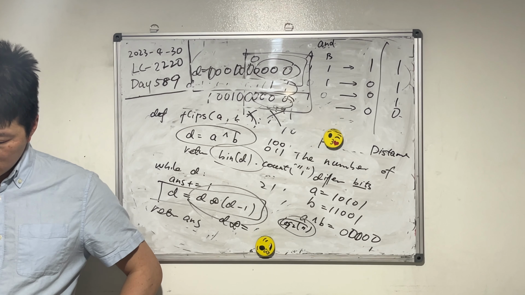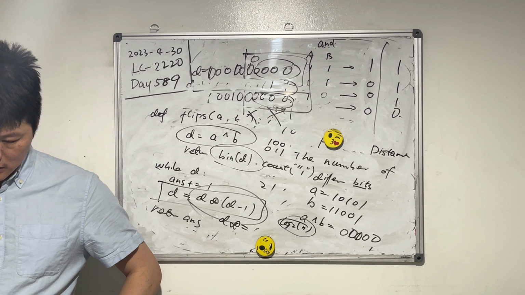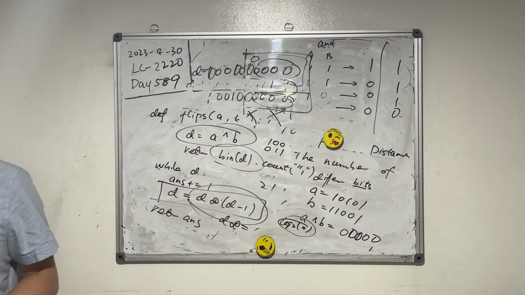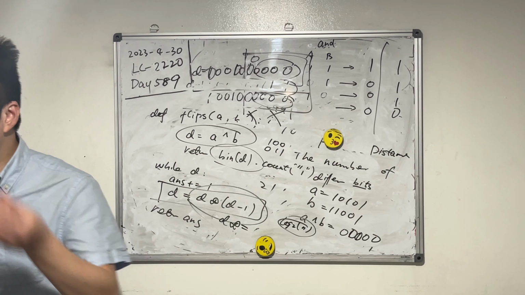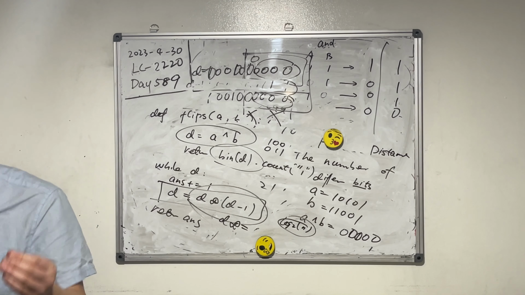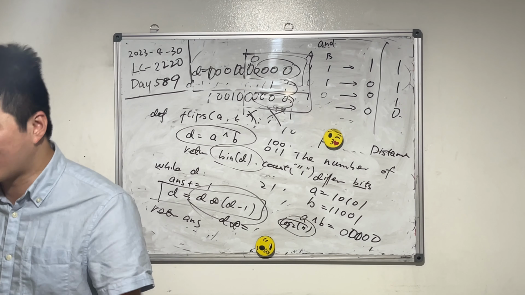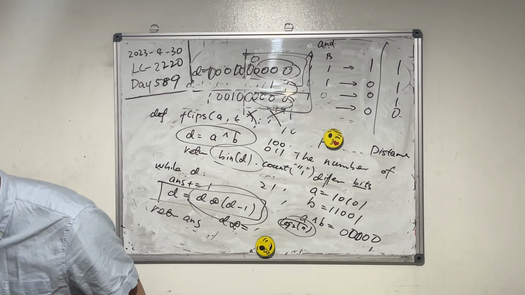Yeah, the Hamming distance is the number of different bits, okay? And the question today is the minimum number of flips to change one number to another. So this is basically asking for the number of different bits, am I right?